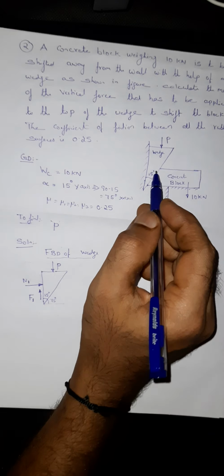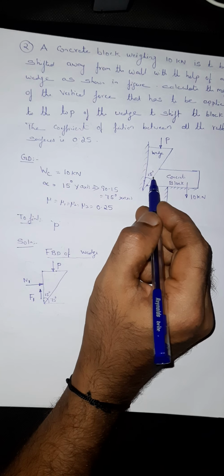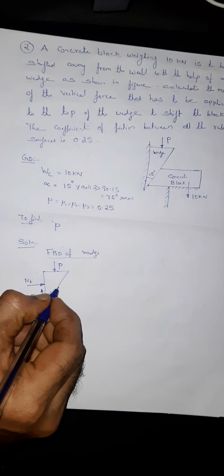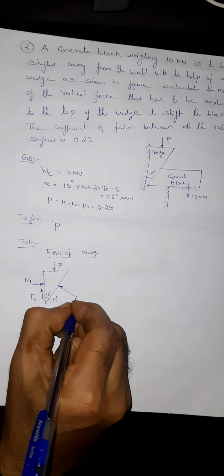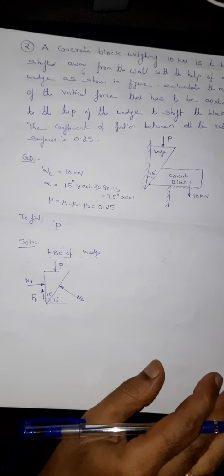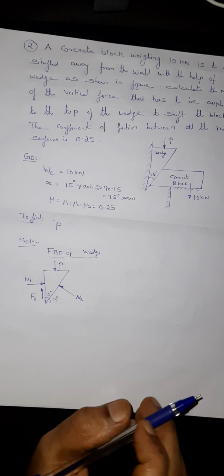Then what about the reaction between wedge and concrete? There is a contact, therefore there is a normal reaction which would be perpendicular to the surface of the wedge. Then what about friction?